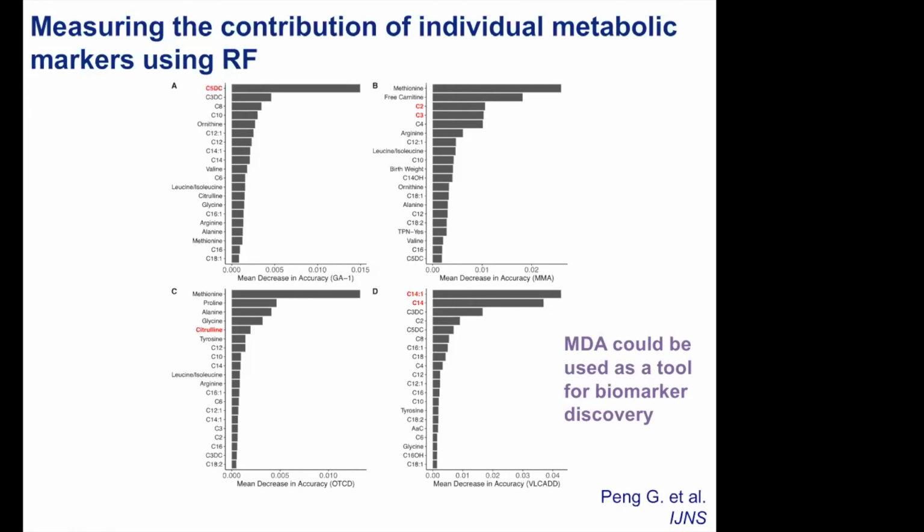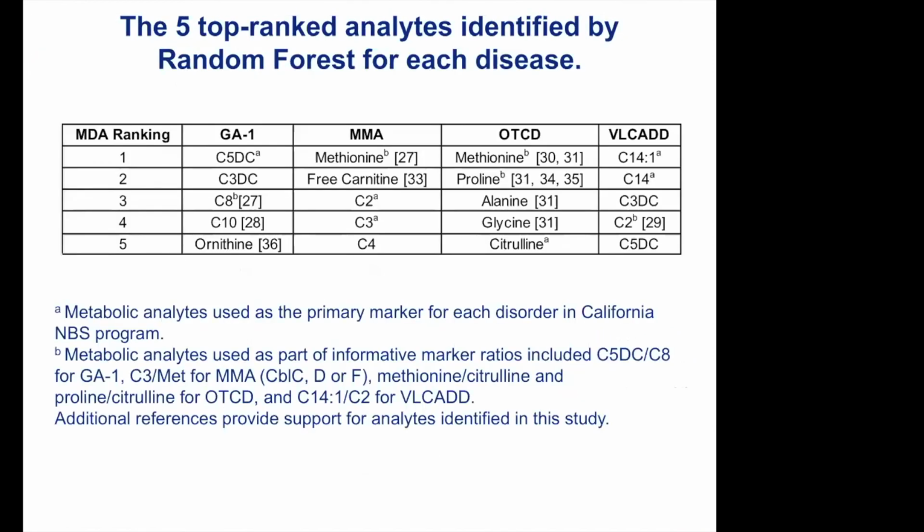In theory, this MDA analysis could also be used as a tool for biomarker discovery by looking at the top-ranked markers, which are not yet being used as screening markers. This table is taken from our paper and shows the 5 top-ranked analytes identified by a random forest for each disease.